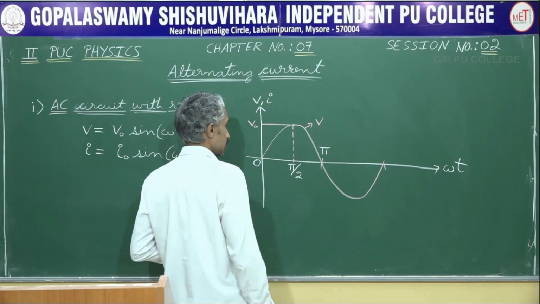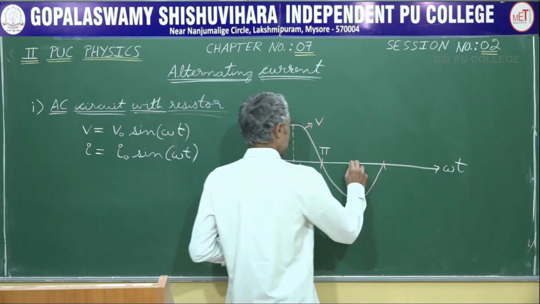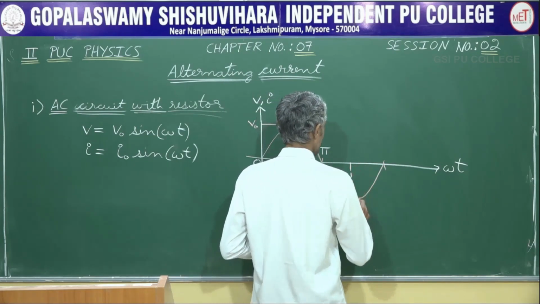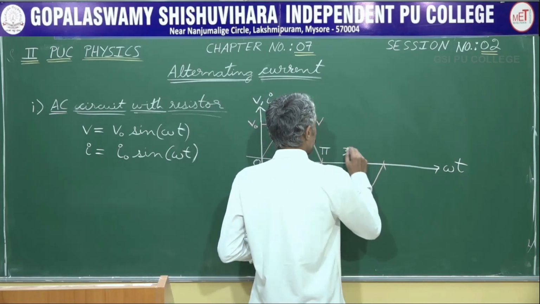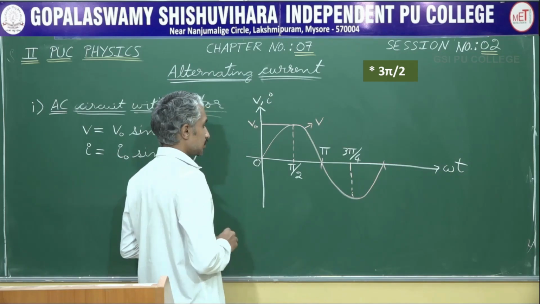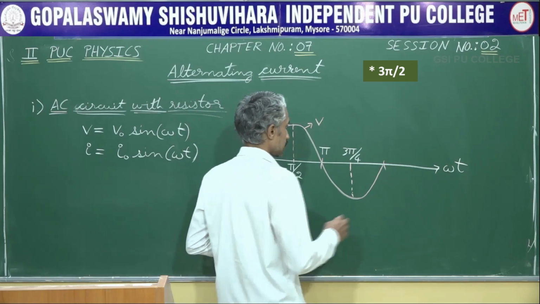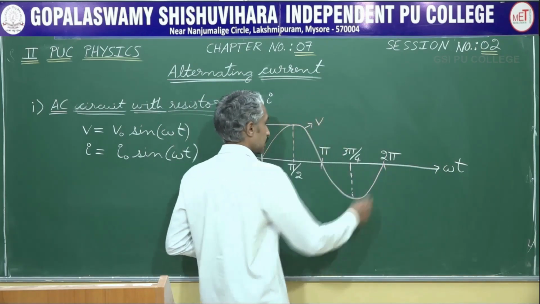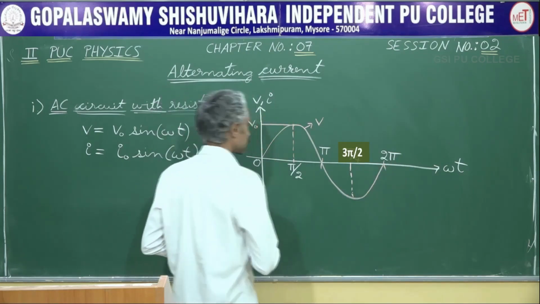Again reaches 0 when omega t is pi radians or 180 degree, and negative maximum when omega t is 3 by 2 pi radians or 270 degree, and again comes to 0 after 2 pi radians or after 360 degree.